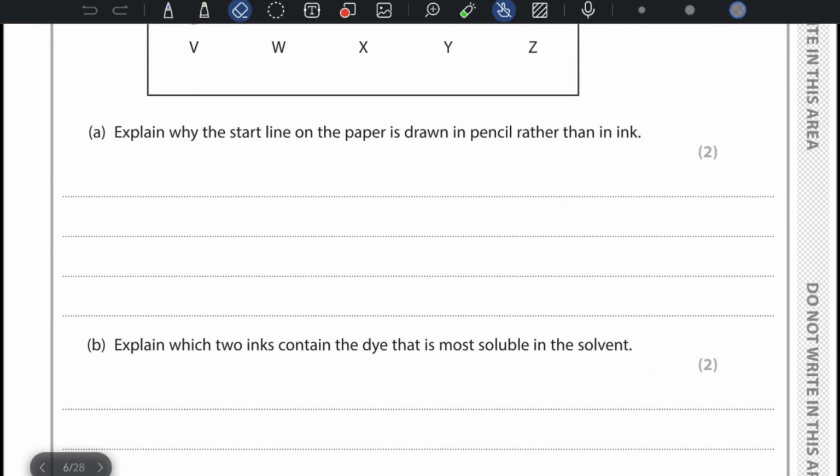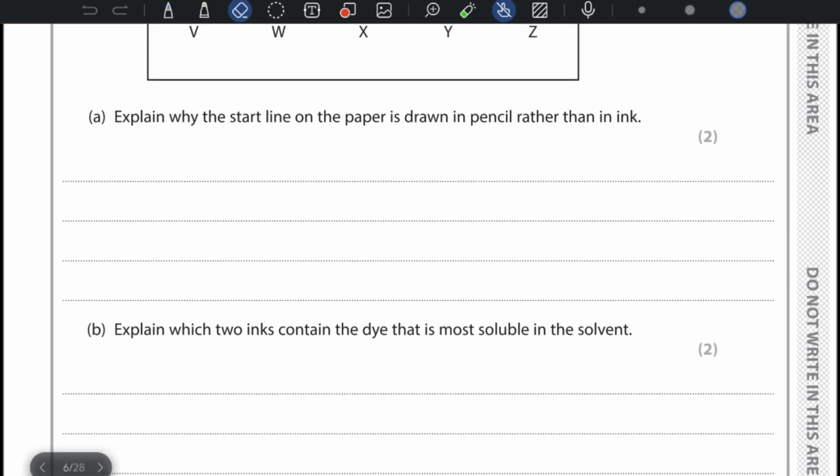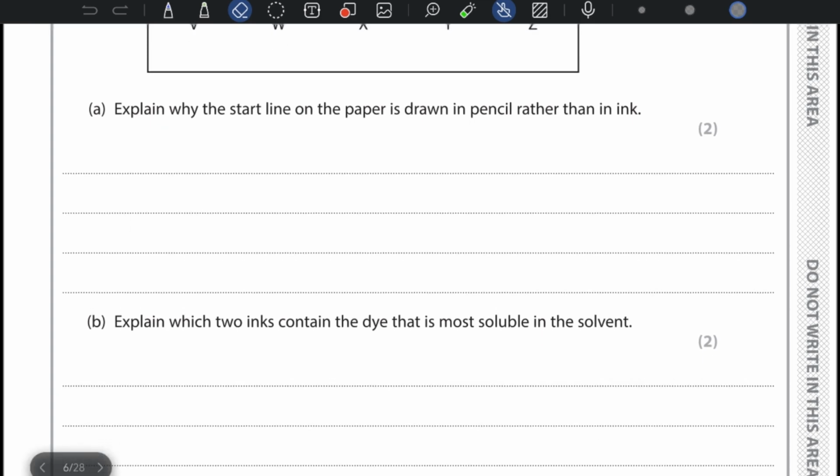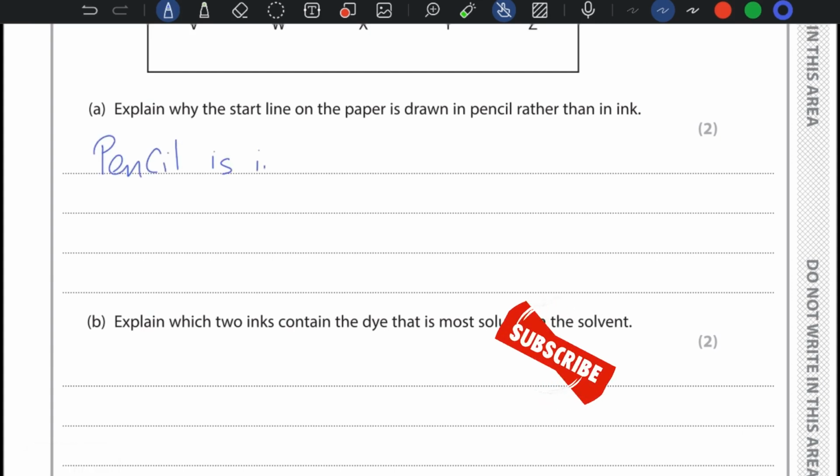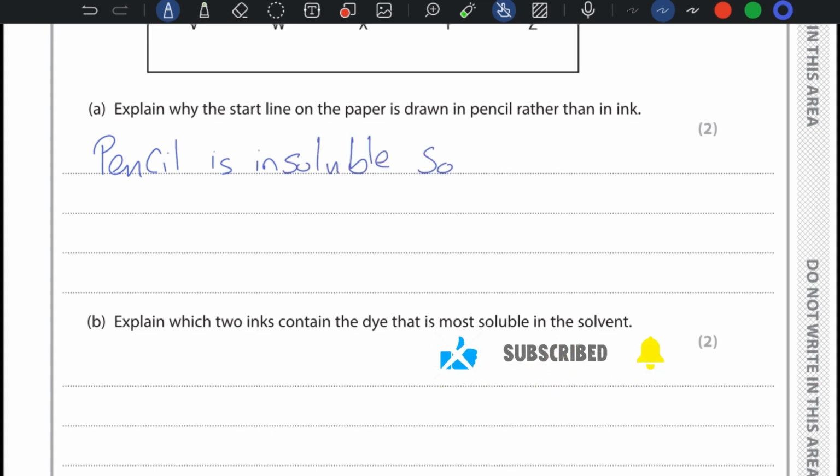First question, explain why the start line on the paper is drawn in pencil rather than ink. Why do we use pencil? Because pencil is insoluble. So we have to write pencil is insoluble. So it would not produce spots on the chromatogram.